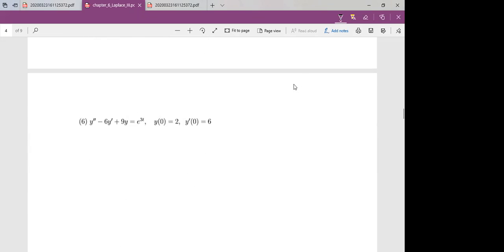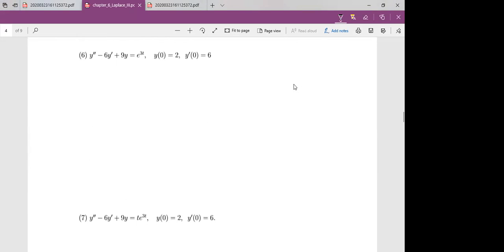And then number 6. So first step is to apply Laplace transform. So Laplace transform of second derivative, transform of derivative, then 9 times transform equals transform of e to the 3t.